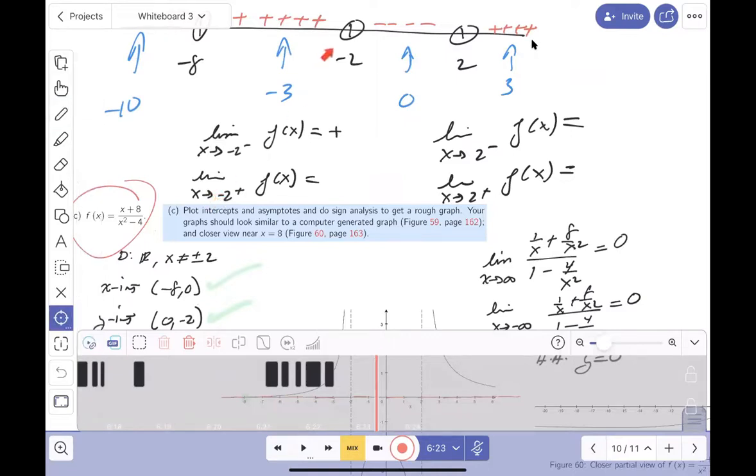Minus 2 from the right is a negative number. Let's keep going. 2 from the left is a negative number. 2 from the right is a positive number. What are we getting? A division by 0. It's going to be blowing up.